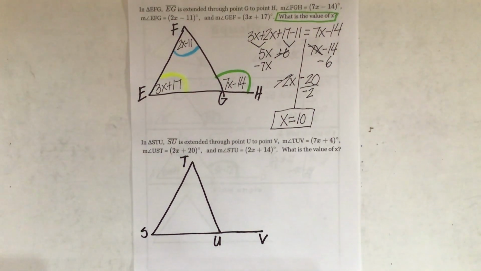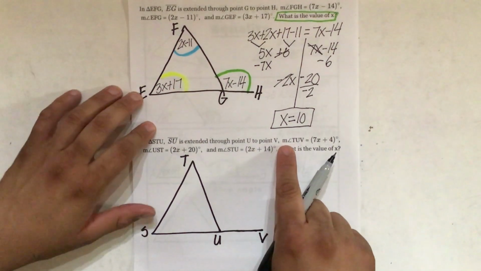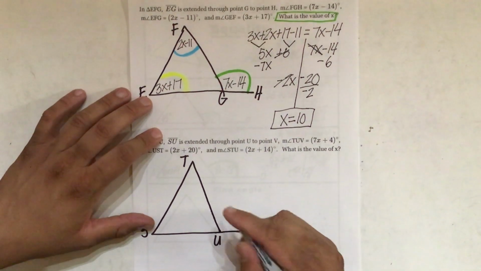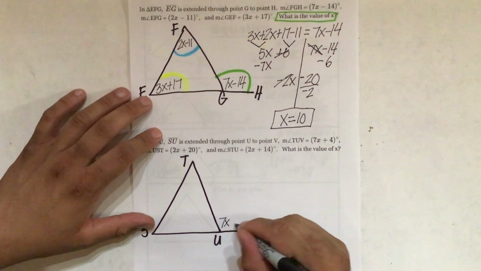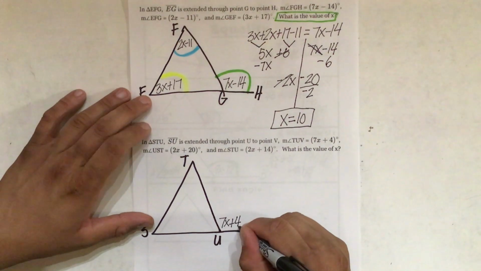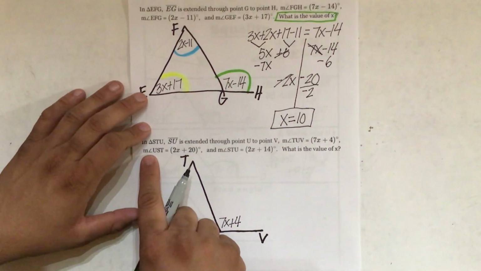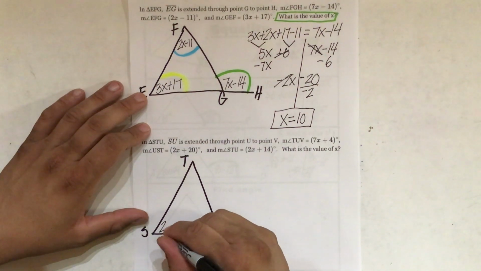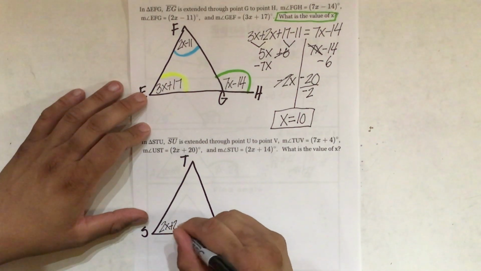So now let's fill in the information that they give us. So it says angle TUV, so this outside one is 7x plus 4. Angle UST, US, the middle one, T is 2x plus 20.